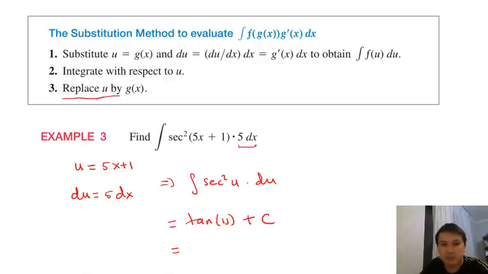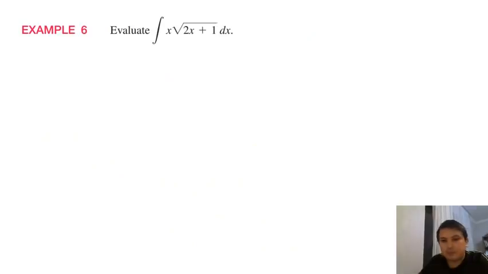So we make this back substitution. Remember that u is equal to 5x plus 1, so we get tangent of 5x plus 1 plus a constant.